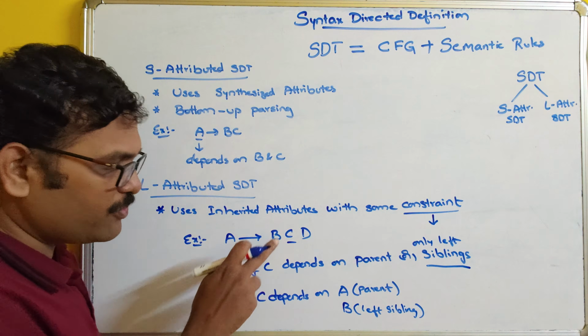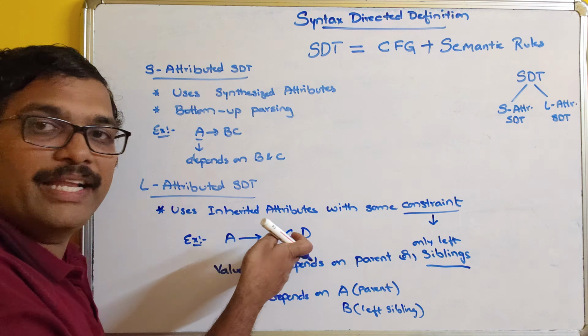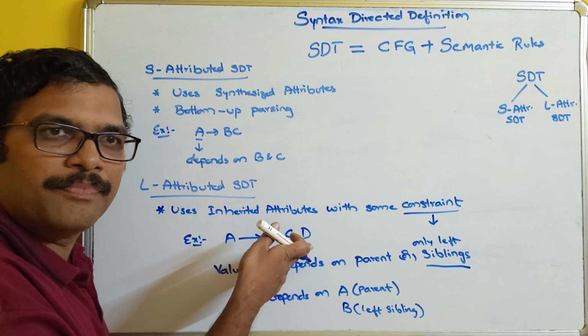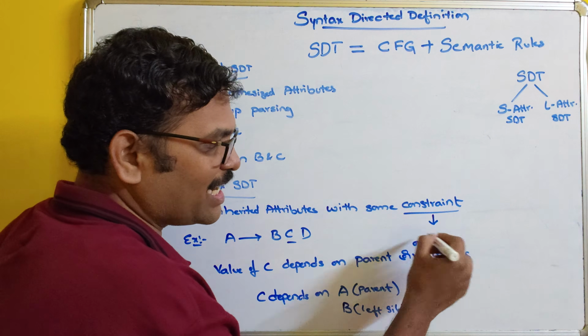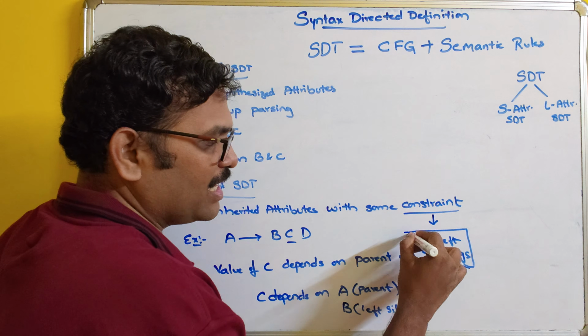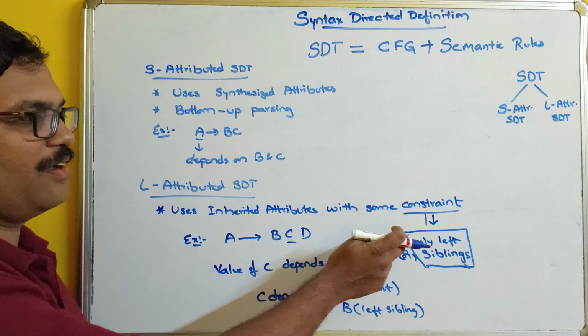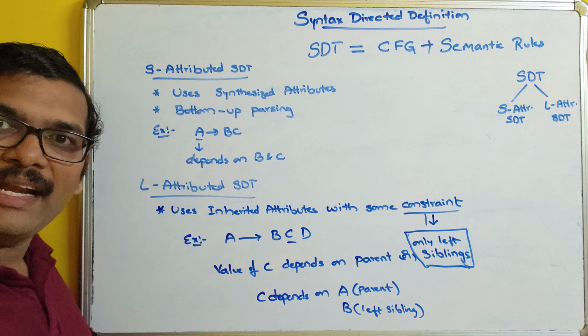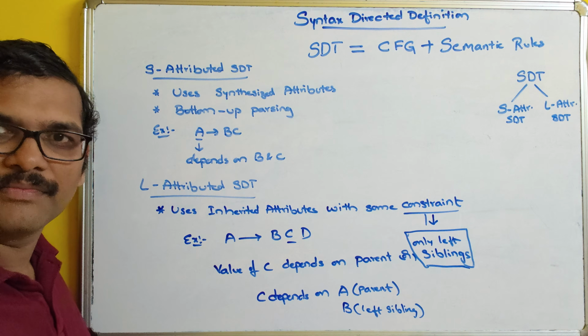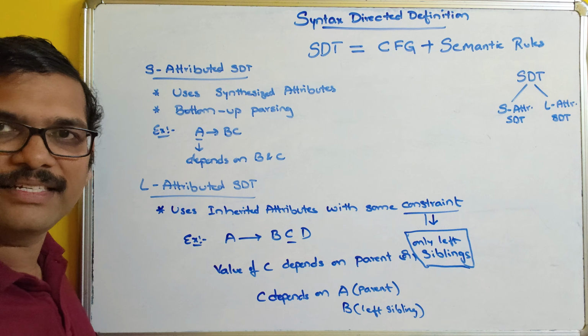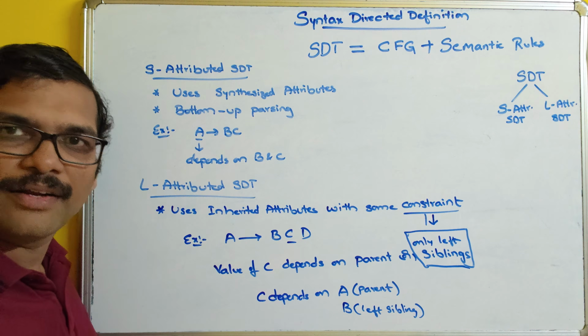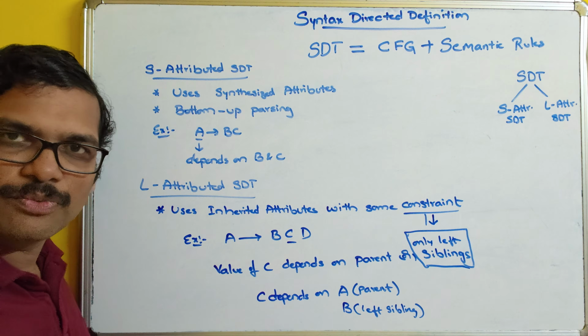So the value of C doesn't depend upon D because it's a right sibling. This is the constraint of L attributed SDD. Right? So hope you understood this one.